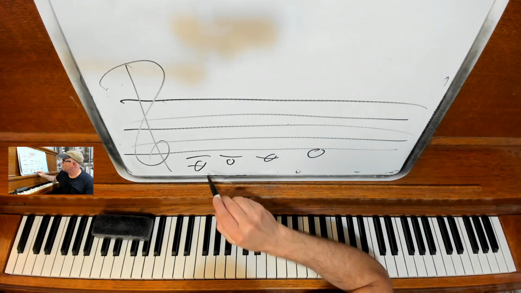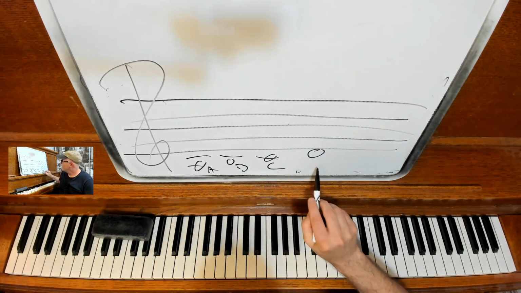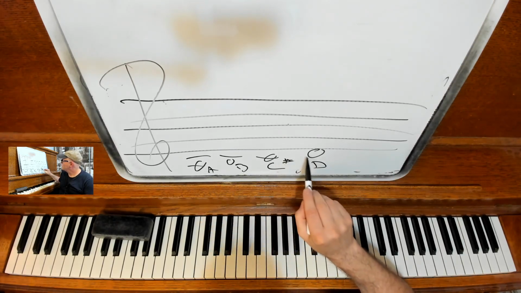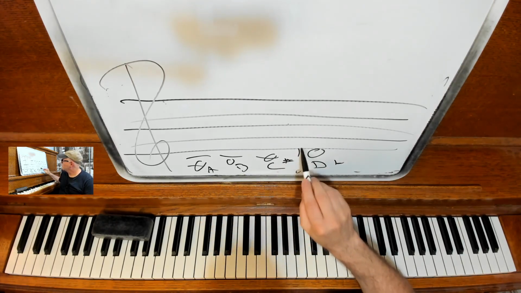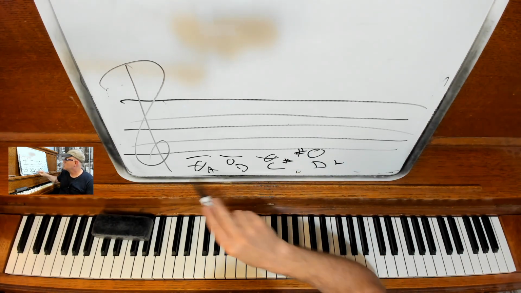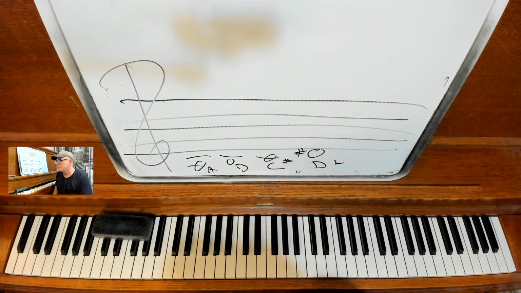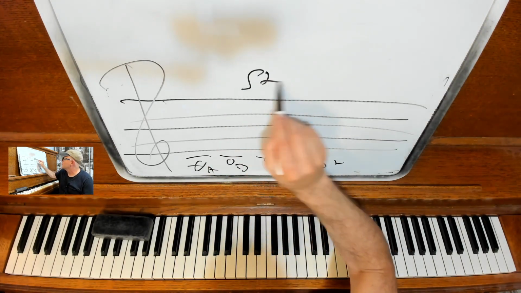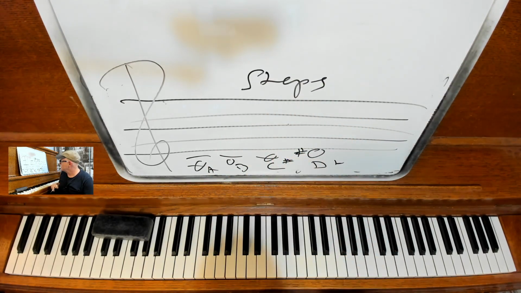It's still some kind of an A, B, C, and D. So let's say it's A, B, C sharp, D sharp. That's the augmented tetrachord, but the position on the staff doesn't change. Line, space, line, space. They're all basically steps.